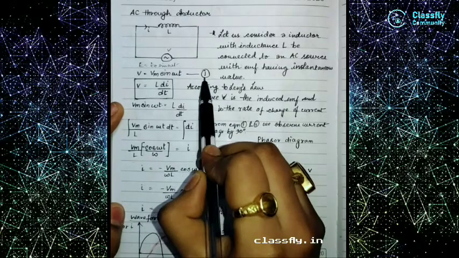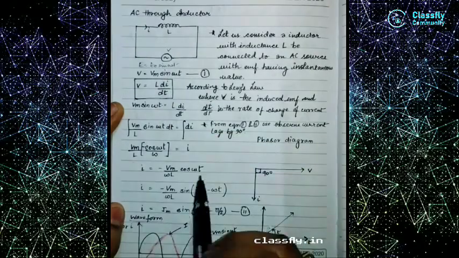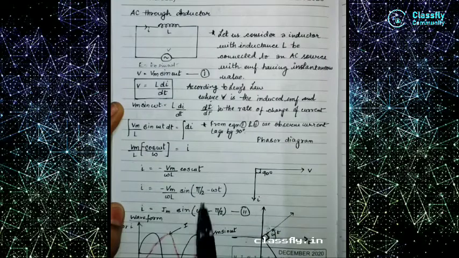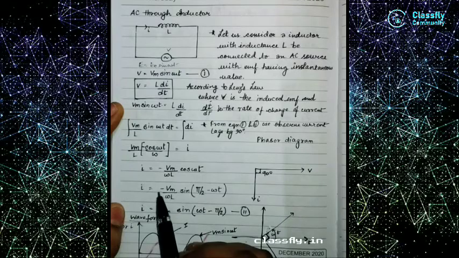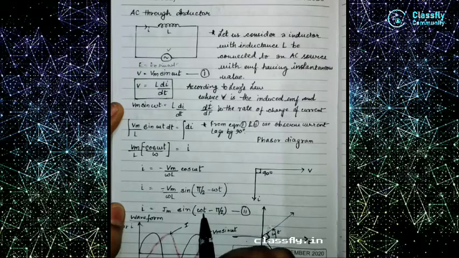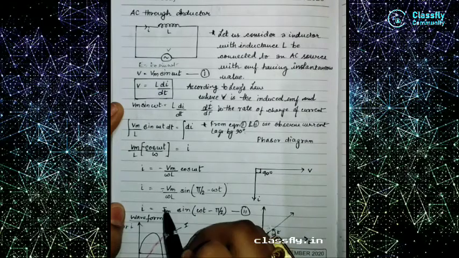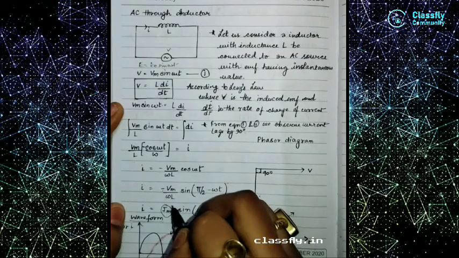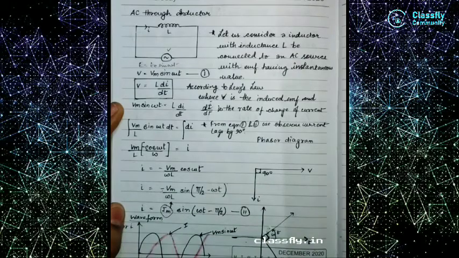But as our equation 1 is in the form of sine, we need to convert this into sine. When we convert this cos omega t into sine, it is sin of pi by 2 minus omega t. When we bring this minus sign inside, we get Im sin omega t minus pi by 2. That means Im is denoted as Vm by omega L.